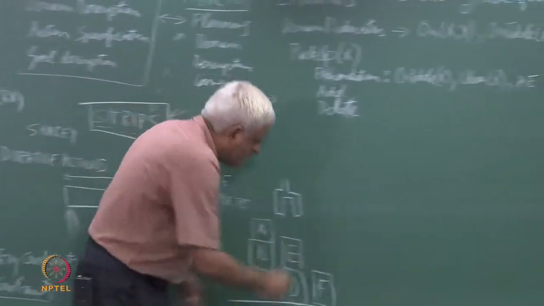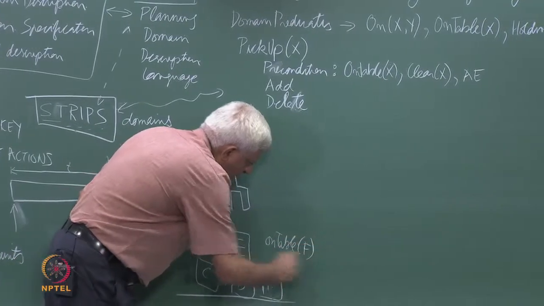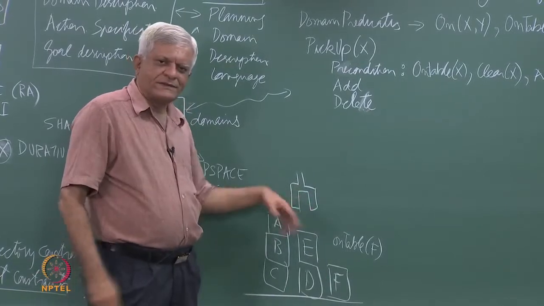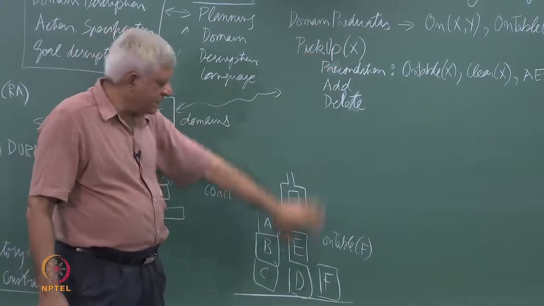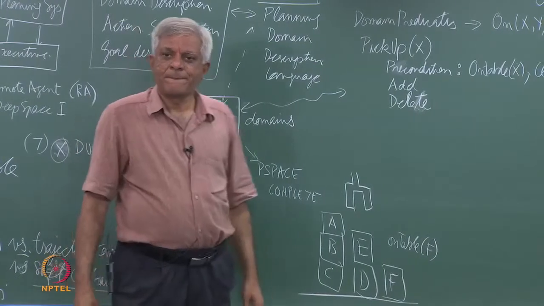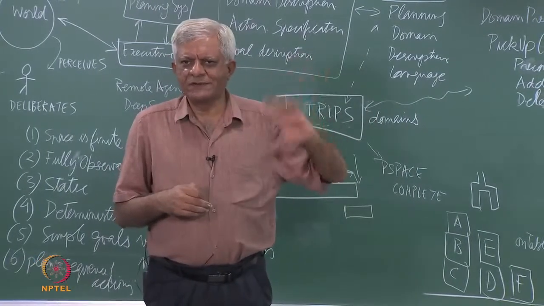So, for example, this will have on table F and it will have clear F and arm empty. So, because these things are in the state description, this action becomes applicable, that I can pick up F for example. That is a way that STRIPS original description is given.